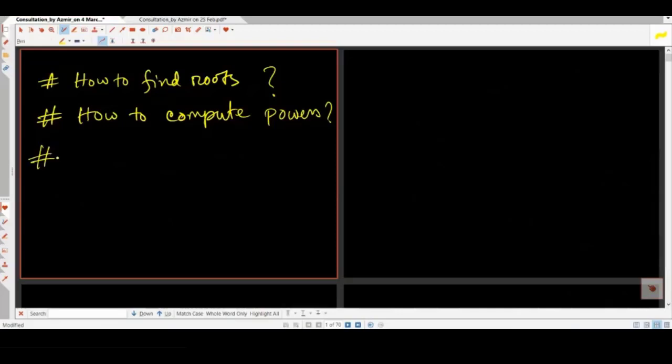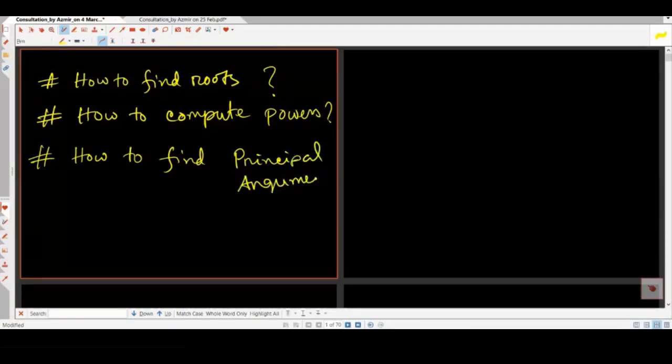And then we will try to see how to find the principal argument. The principal argument is denoted by Arg z.